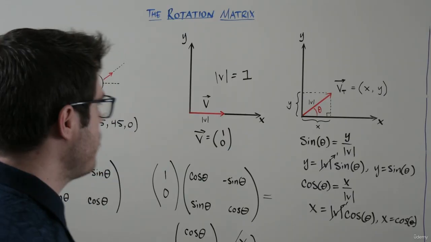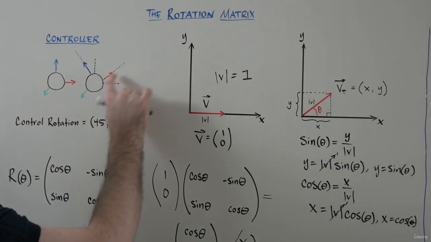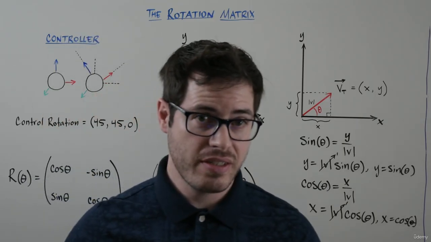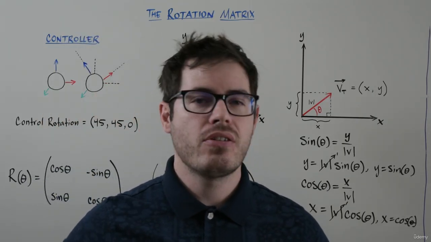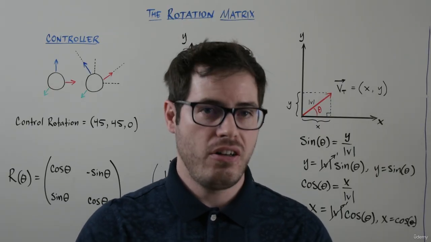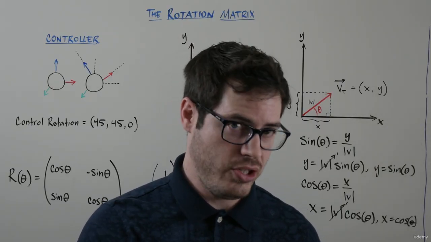And we can use rotation matrices to find the vectors corresponding to those x, y, and z directions of that rotation. So this is how we can find the forward and the right vectors of our controller's rotation.